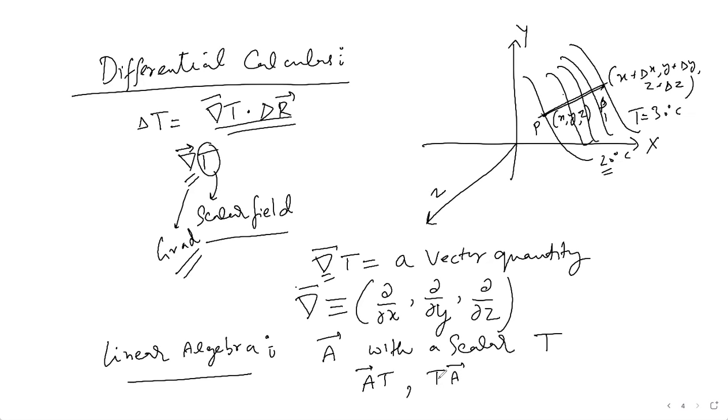Are you following me? Yes, sir. Okay. Now, will these two things be equal or not? Can someone say something about that? If A is a vector and T is a scalar, will these two things be equal or not?